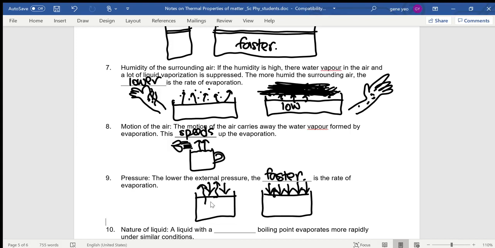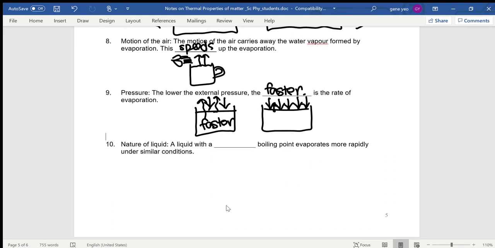So low pressure gives a faster rate of evaporation. Now, nature of a liquid. I did tell you about the alcohol aerosol spray. Alcohol has a very low boiling point, so that's why it evaporates away very fast. So a liquid with a low boiling point will evaporate away very fast.